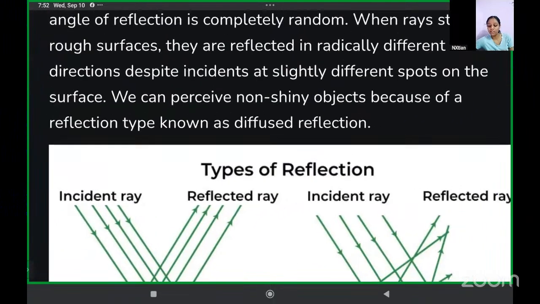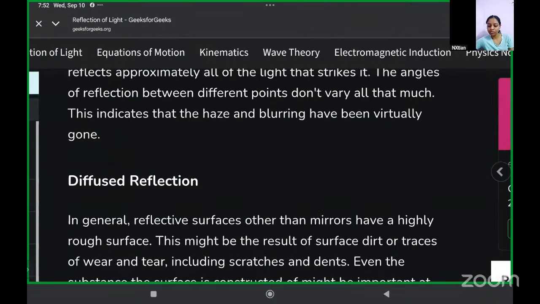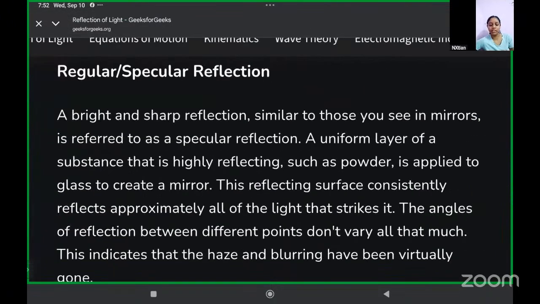Now you can write this down. In short, you can write this down in your own language: regular reflection is from a uniform layer, where the reflecting surface consistently reflects approximately all of the light that strikes it, and the surface is uniform, such as that of a mirror.